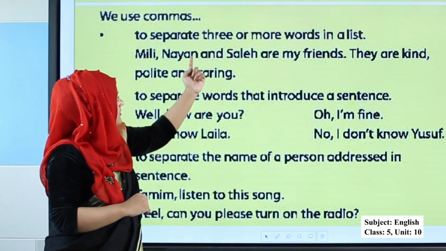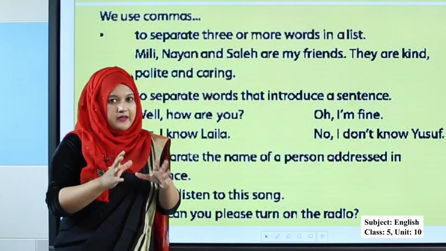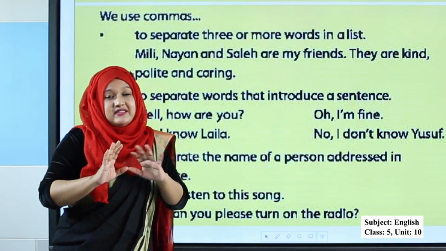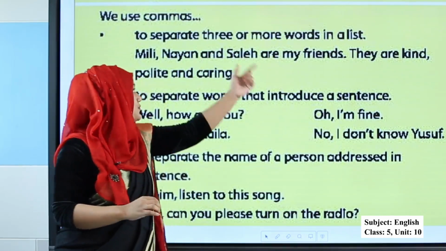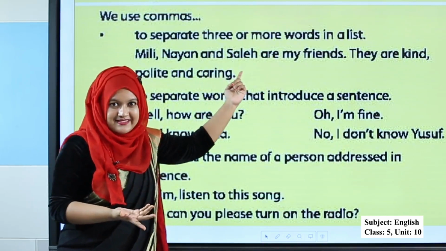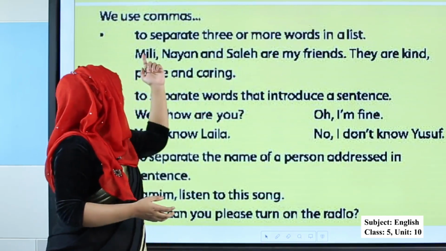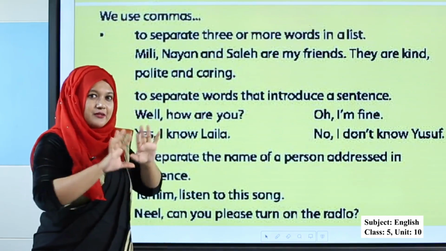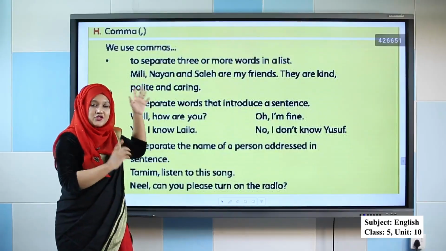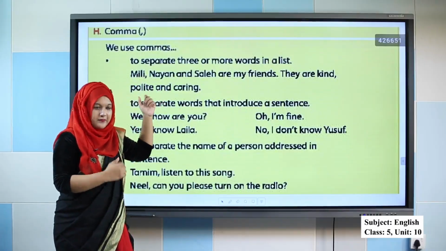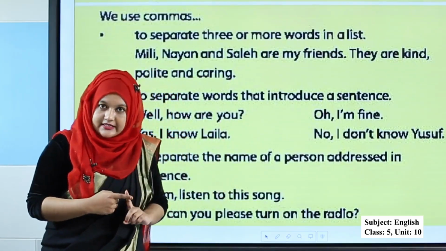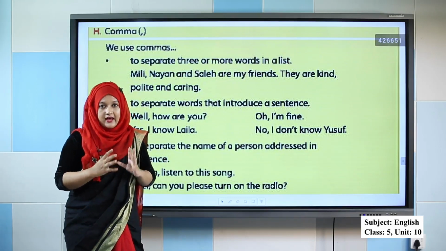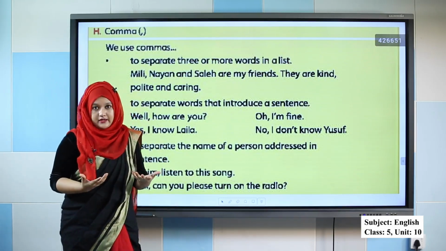And then Nayan, Saleh. Here we don't need to use comma. Why? Because they are already separated by this word and, isn't it? So, Mili and Nayan are separated by this punctuation, comma. Okay. Now, they are kind, polite and caring.